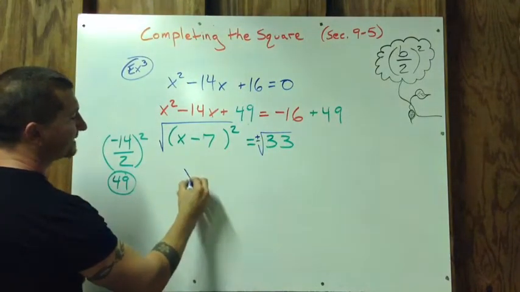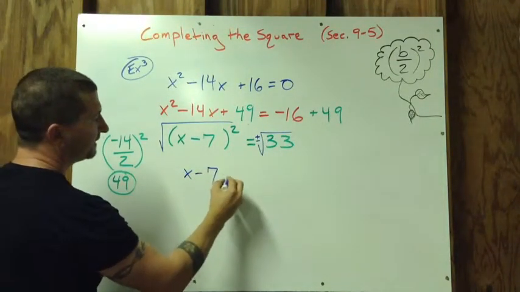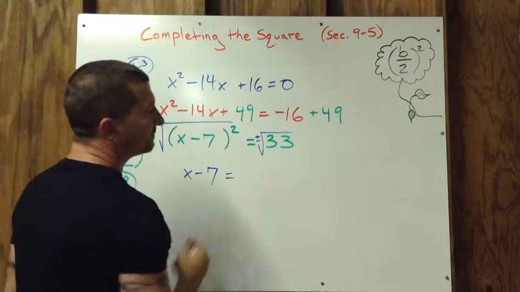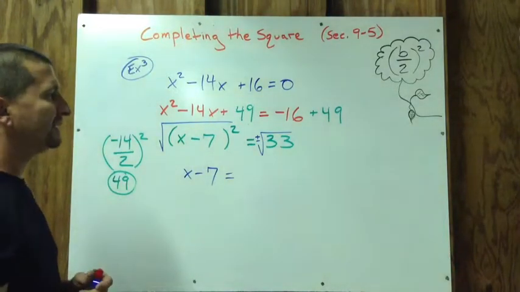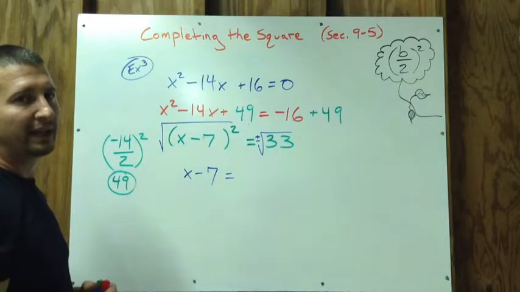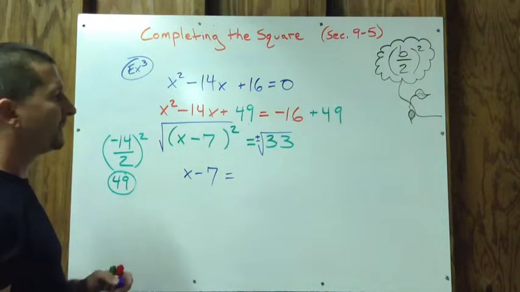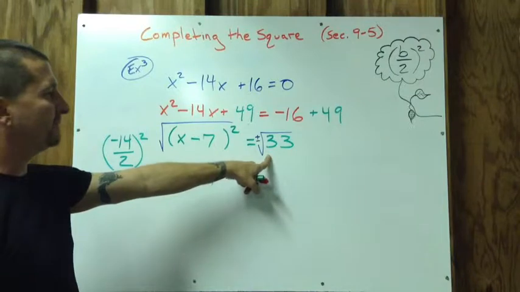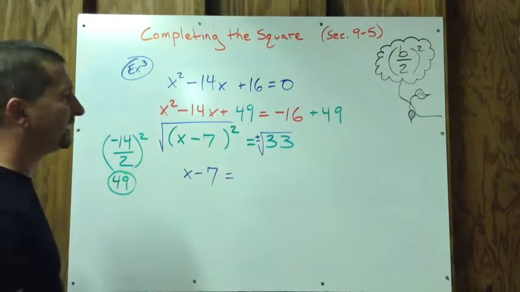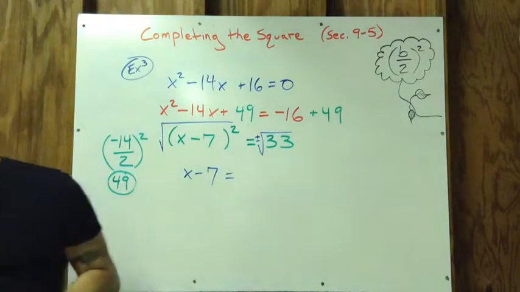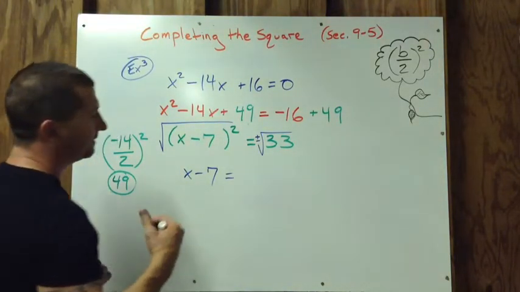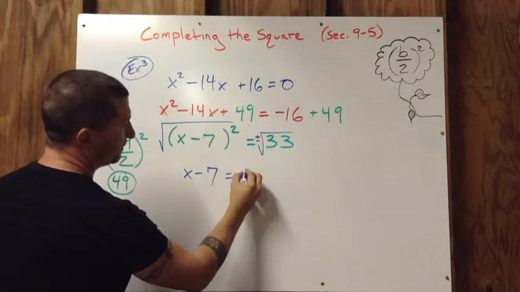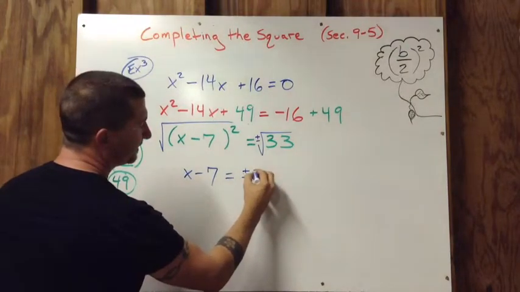So we get x minus 7 equals plus or minus the square root of 33. Now, the square root of 33 is not going to give you a whole number. So we need to estimate. And this is going to be about 5.74.